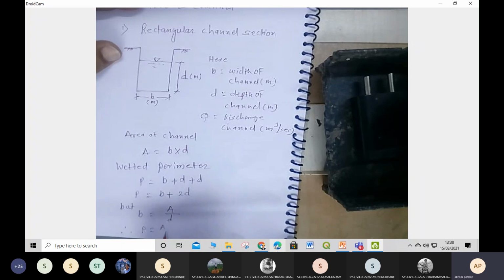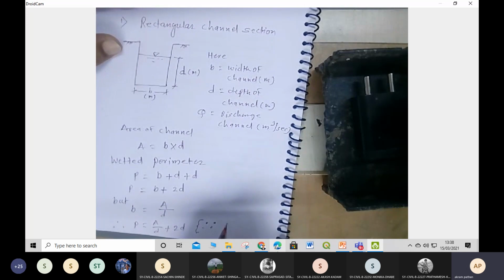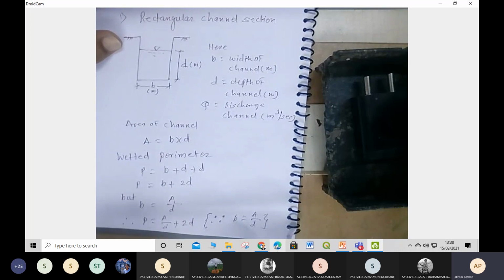So A by D plus 2D, since B is equal to A by D. So this is the formula for the wetted perimeter, A by D plus 2D.